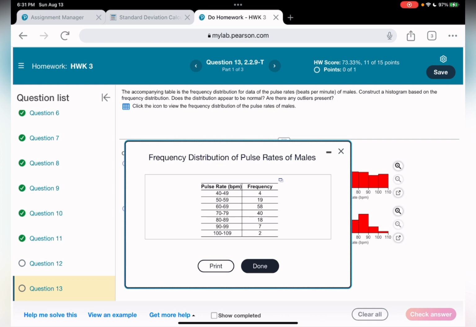So I'm going to see which histogram has the highest frequency, 58, and the lowest 2 at a high pulse rate. Let's see, and 58 is supposed to be for the pulse rate 60 to 69.